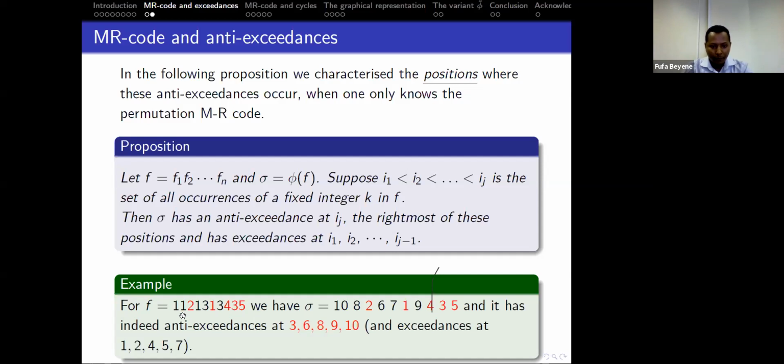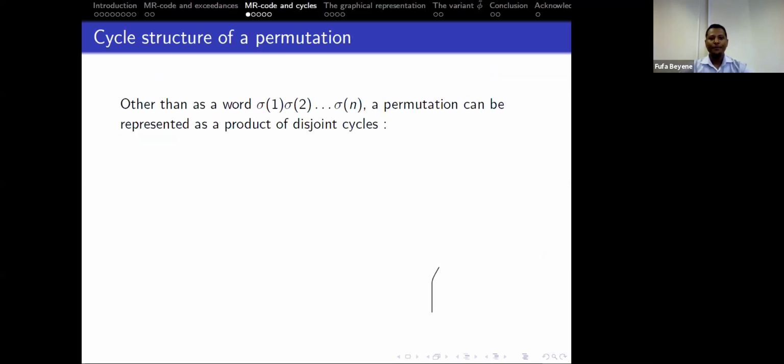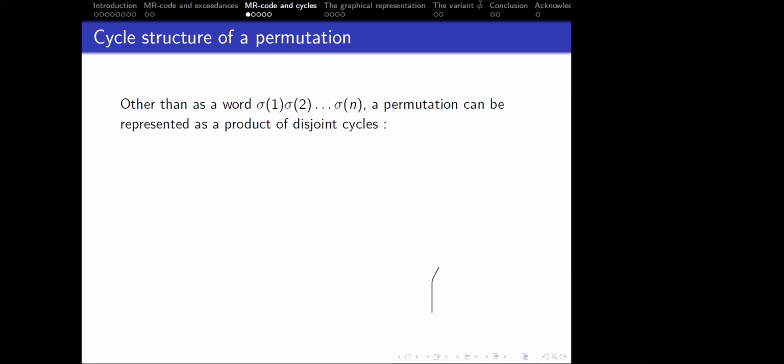And you see that 1 has 4 occurrences, and in this case you read that positions 3, 6, 8, 9, and 10 are positions of anti-exceedances, and the positions 1, 2, 4, 5, and 7 are exceedances of sigma. So simply using f, you can determine the exceedances and anti-exceedances of the corresponding sigma under the MR code. Another part of our study, sorry.